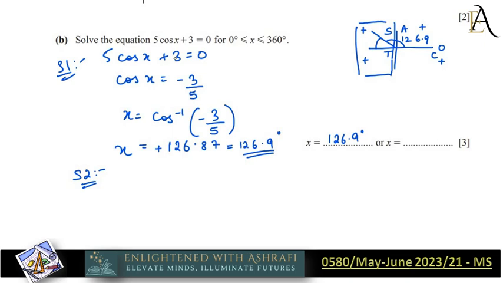This value over here is 180 minus 126.9, which gives me 53.1. Similarly, we'll have the same value over here, 53.1, and this is going to be our other value of x.